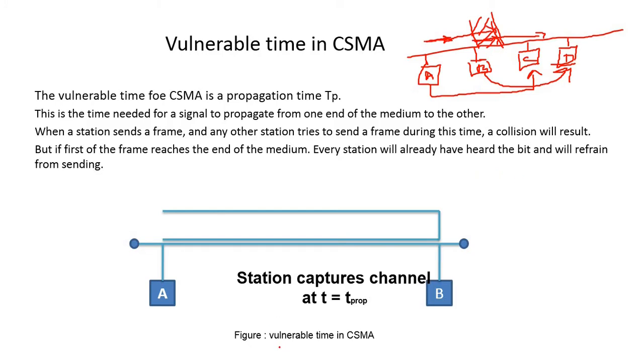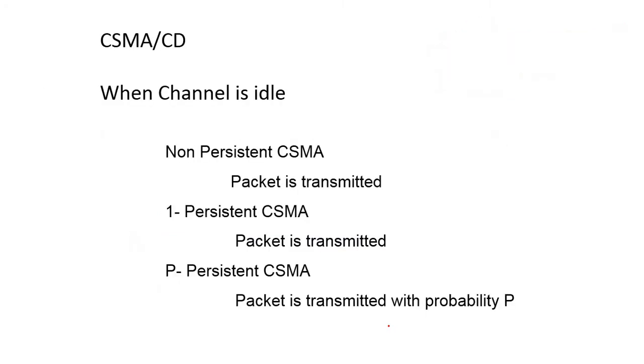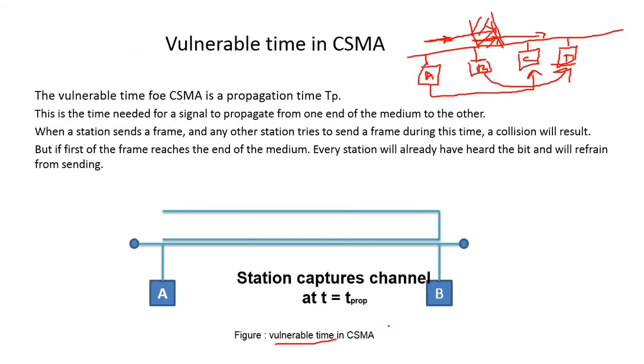So again we have to decide the vulnerable time in carrier sense multiple access. This is the time needed for a signal to propagate from one end of the medium to the other end.